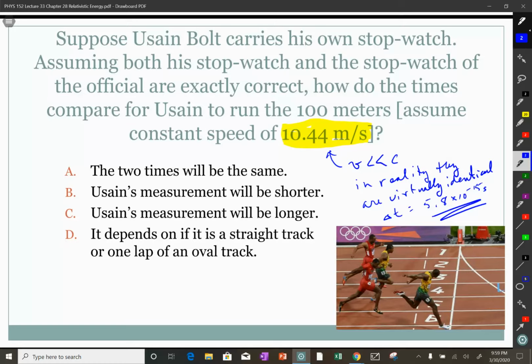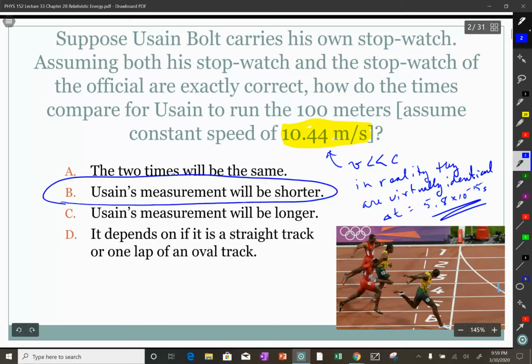And the answer is Usain's clock is stationary and it's at the start and the end of the race. So Usain's clock is going to be measuring the proper time, and the proper time is always the shortest possible time. So Usain is going to say, no, I went a little bit faster than that 9.58 seconds that you said it took me.